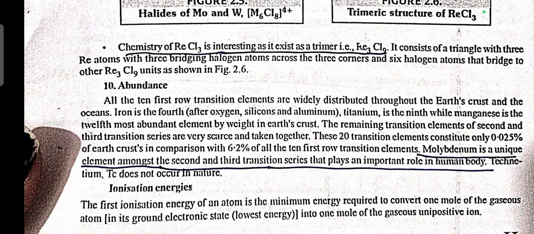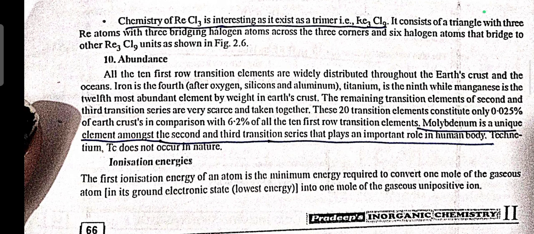Ionization energy. The first ionization energy of an atom is the minimum energy required to convert 1 mole of gaseous atoms in their ground state, the electronic state of lowest energy, into 1 mole of gaseous unipositive ions. M(g) → M⁺(g) + e⁻.